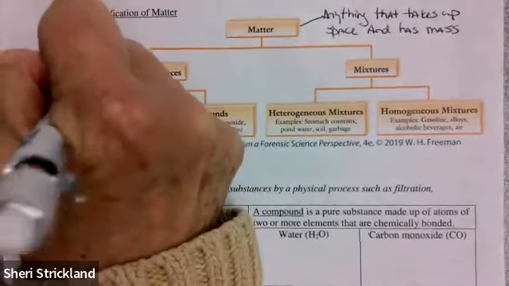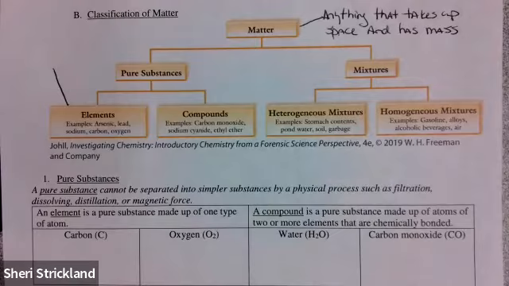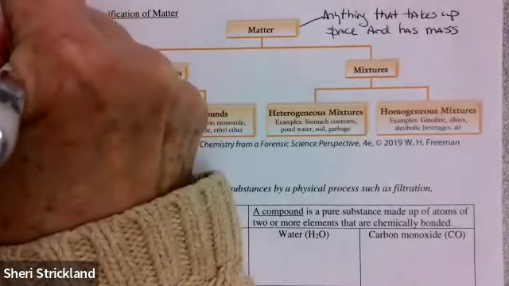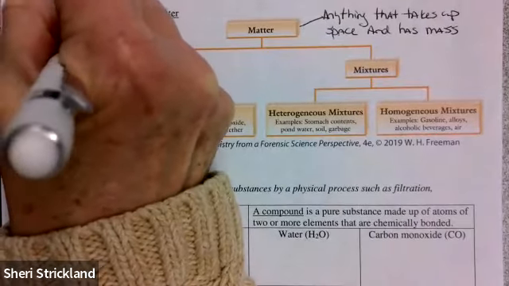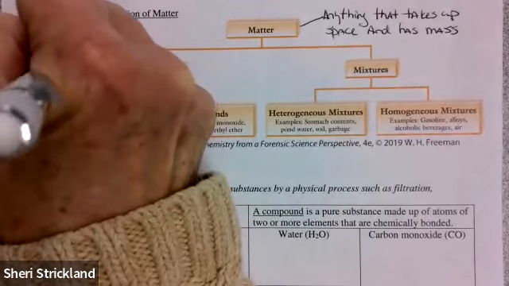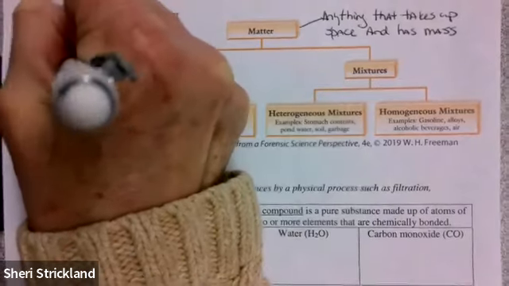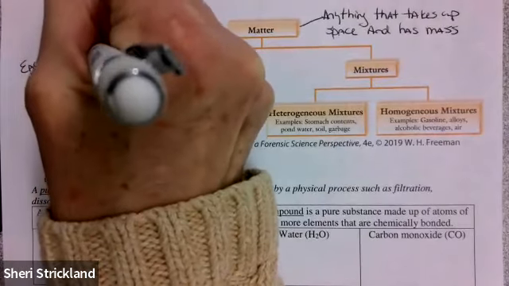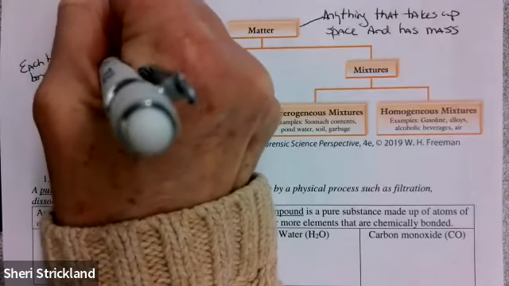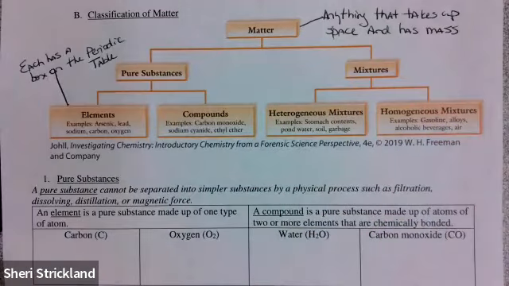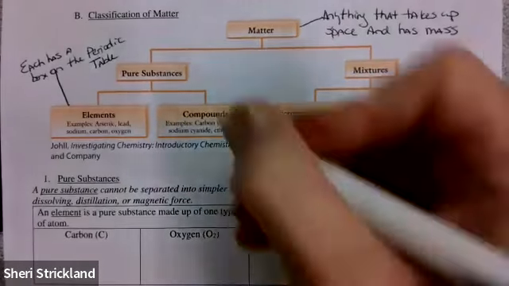Elements each have a box on the periodic table. And we'll talk more about that. Every compound has its own molecular formula.